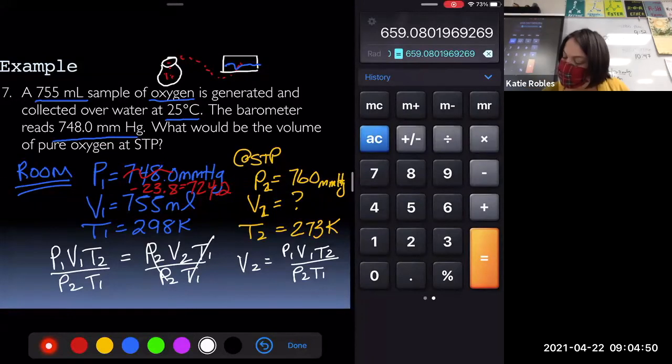So what I just found out is that I did an experiment in a room and I collected 755 milliliters. But if I had done that same experiment perfectly at STP, I should have collected 659 milliliters. And the reason is stoichiometry. It's so that we can use stoichiometry.